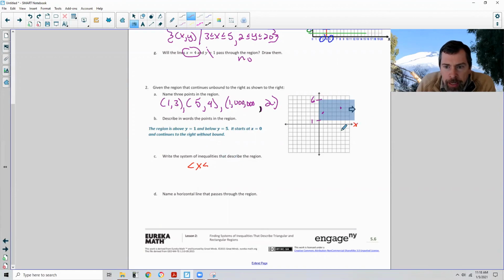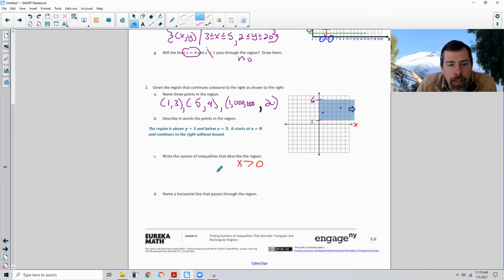This is my X axis. X is greater than 0, but then it's less than positive infinity. So in other words, it's going from 0 to infinity, it goes on forever. And we don't normally write that. We would just do this. X is greater than 0, or 0 is less than X. So I could rewrite that as X is greater than 0. I guess that'd be a better way.